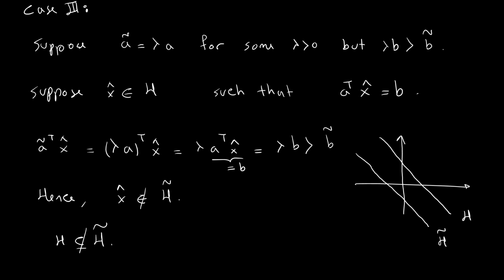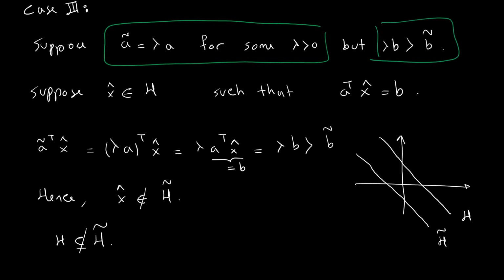Okay, for the third case, we have that condition A holds, but B does not hold. What I'm going to show is two different hyperplanes, H tilde and H. All the points in H tilde are going to be these points, and all the points in H are going to be points like this.